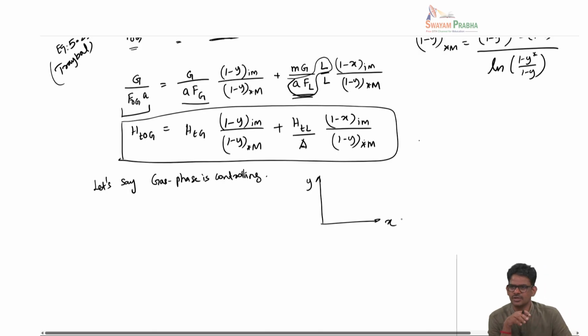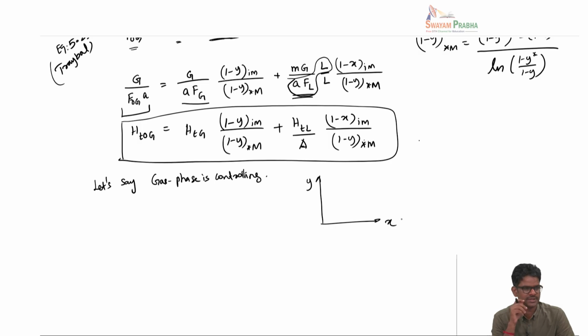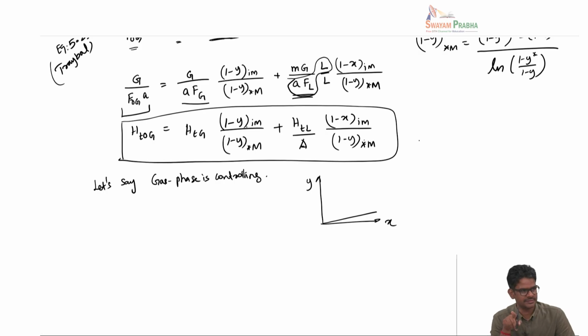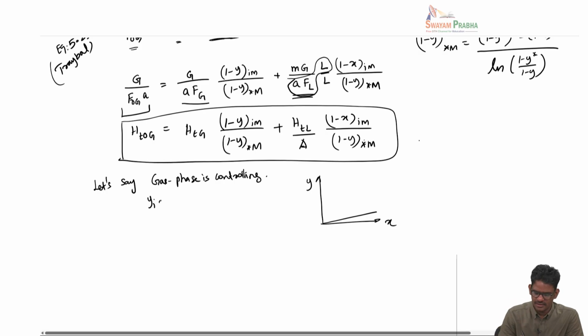If the gas phase is controlling, how would you think this equilibrium line would be? So it's going to be something like a very small m, right? So that means I can actually replace yi with y star. Yi is almost the same as y star. The interfacial concentration and the equilibrium concentration can be very similar. Then this entire term will be just 1.